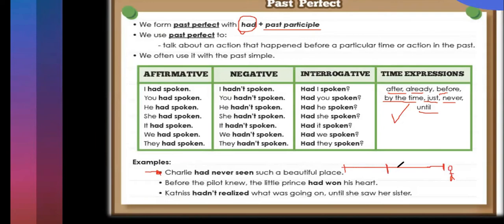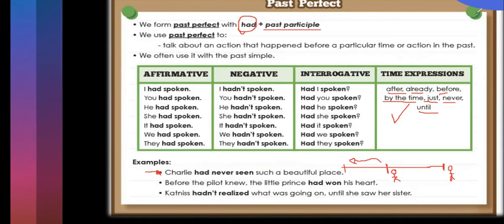Charlie was here, looking at the amazing place. But before this, he had never seen this beautiful place. Maybe Charlie was here looking at the chocolate factory, and it was such a beautiful place. And before, he had never experienced that.